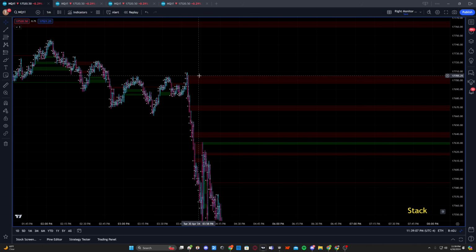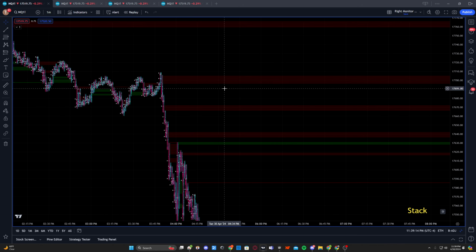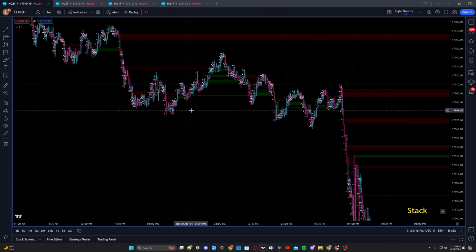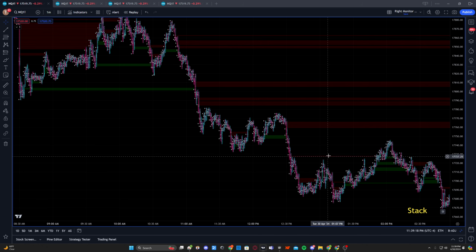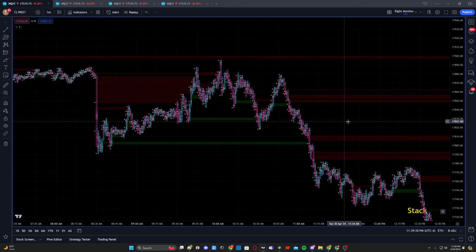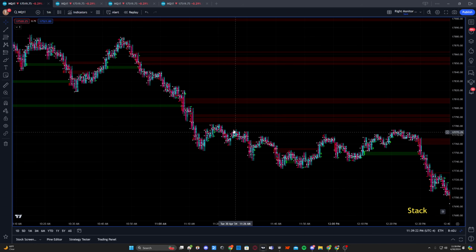Once you start seeing these seller imbalances like this, right? Dude, don't try to hold against this either. I think that's another thing, right? Like if we're chopping sideways, this is actually kind of cool. So say we're chopping sideways and you enter along here, right? You could try to hold it, right?